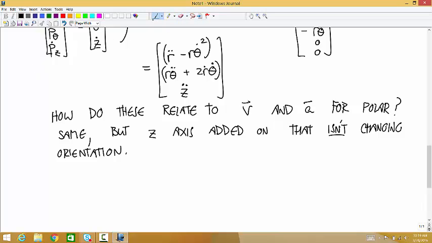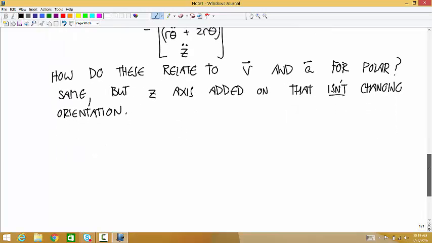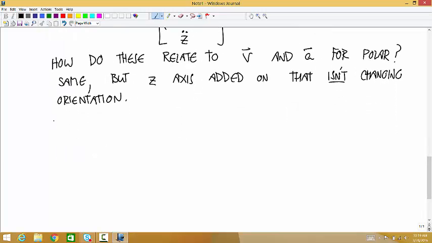Okay, let's do an example. Let's say a particle is traveling a helical path.